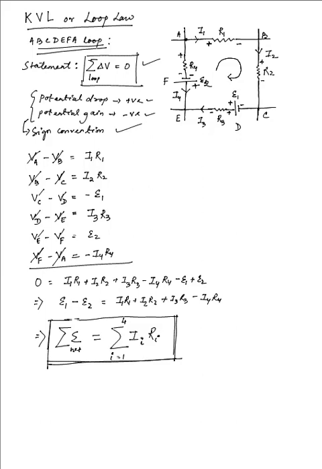If you observe those 6 equations, if we had the potential gain positive and the potential drop negative, it wouldn't have really mattered, because E1 would have been positive and E2 negative, and the I1, I2 and I3 terms would have been negative, while I4 would have been positive.